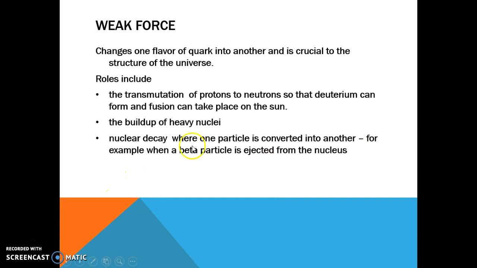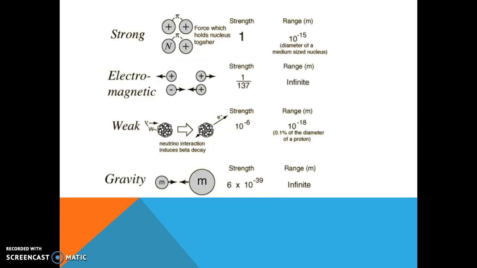So for example, when a beta particle is ejected from the nucleus, you may or may not remember what a beta particle is. Like I said, we'll get to that when we talk about the nucleus PowerPoint. But basically, if some sort of radioactive isotope undergoes a nuclear decay, it's because the weak force is being modified.